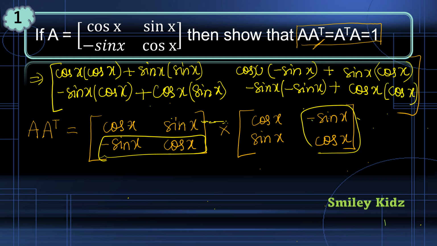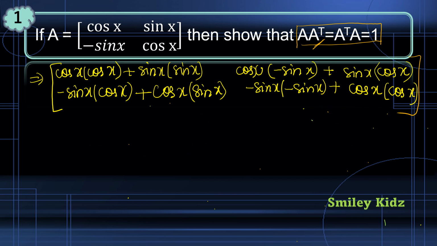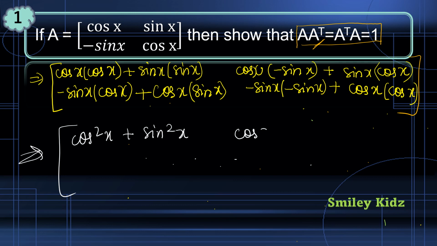What is this equal to? Here we are gonna have cos square x plus sin square x, isn't it? Now here this is going to be minus cos x sin x plus sin x cos x.